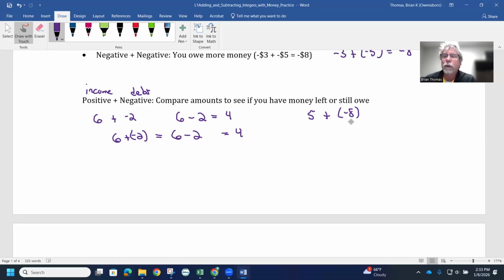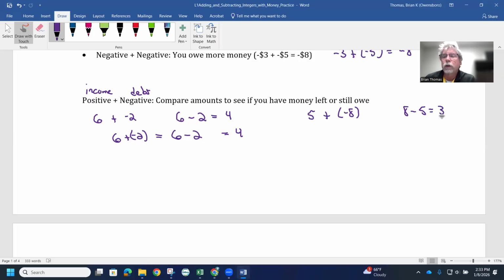But notice how we can only pay off $5 of our debt. So a lot of times mathematically, I'll write this as 8 take away 5 as a step, because I'm going to think of this as an $8 debt, but I'm only able to pay off or remove $5 of that debt. So I end up with this 3.